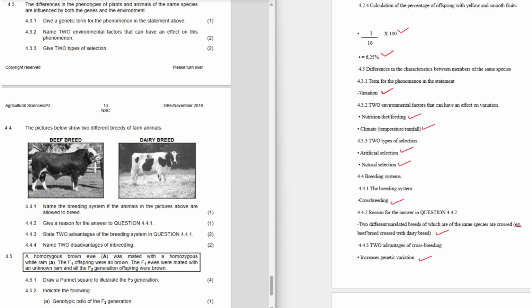4.4.3. Give two advantages of the breeding system in question 4.4.1. What are two advantages of this kind of breeding system?